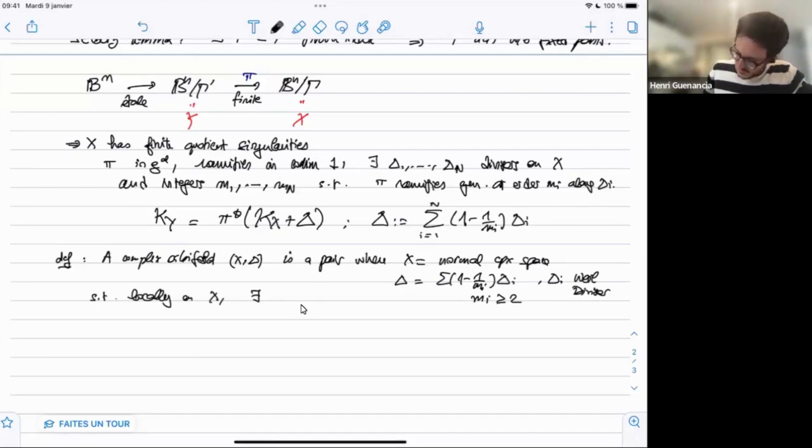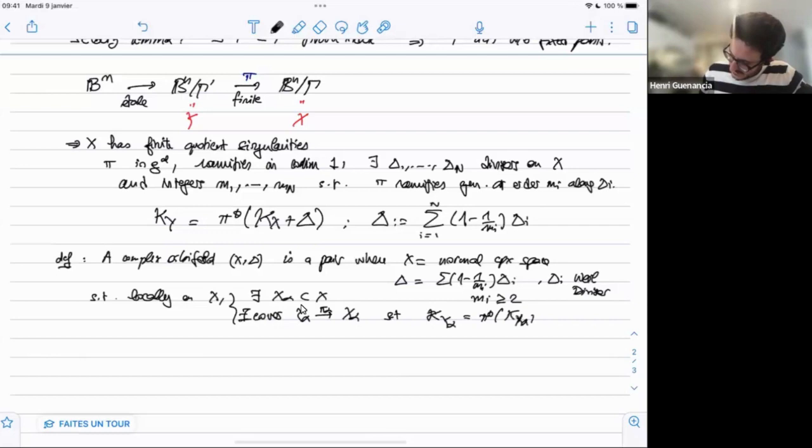So there exist subsets X alpha covering X and a finite cover pi alpha from Y alpha to X alpha, such that K Y alpha is the pullback of K X alpha plus delta, so it ramifies accordingly, and Y alpha is smooth.